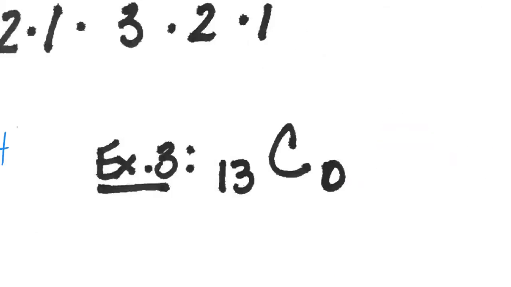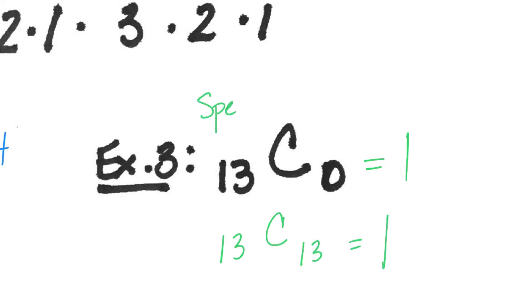All right, a couple of the weird problems that we see. 13 combination 1. This answer is just 1. And what if I have 13 combination 13? This answer is also 1. So there are a few special cases. Most likely if you see this on an SAT, ACT, or a test, you'll have your calculator with you. When you put that in your calculator, you'll see they know that special case as well.